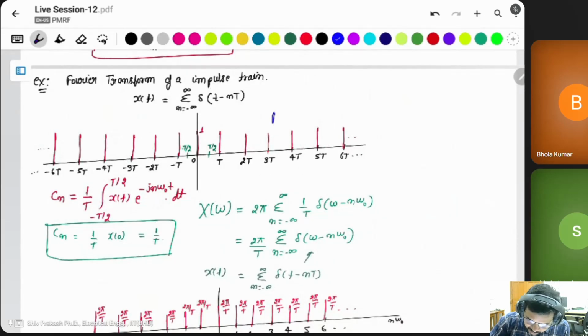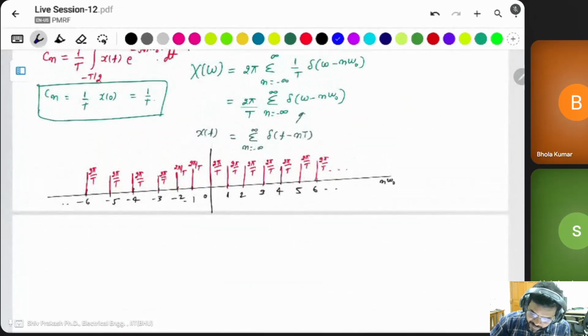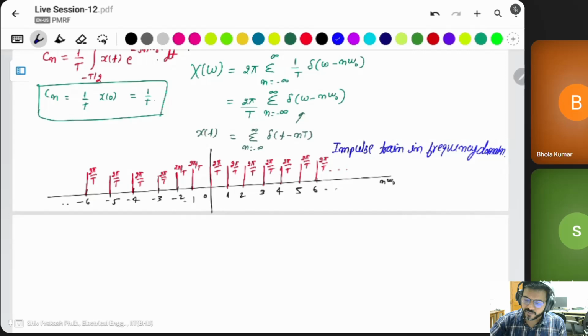You can say that the impulse train in time domain, and this one is the impulse train in frequency domain.